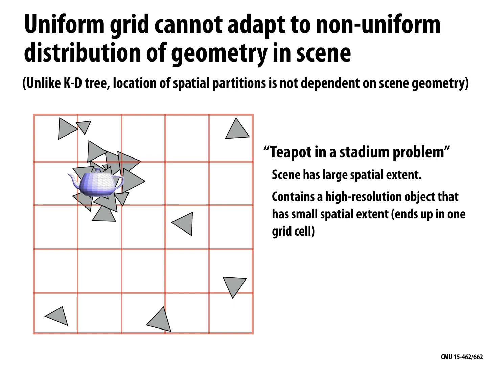And so you have this one grid cell with a huge number of triangles in it. And if a ray ever enters that cell, if you have the camera zoomed in on the teapot, then you're still going to be doing kind of worst case work to find an intersection. Okay, so you really have to be conscious about what kind of geometry you're dealing with when you're deciding on what data structure to use.